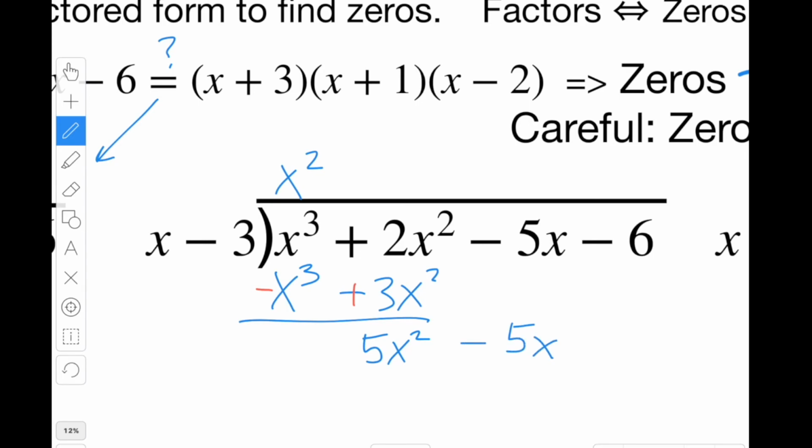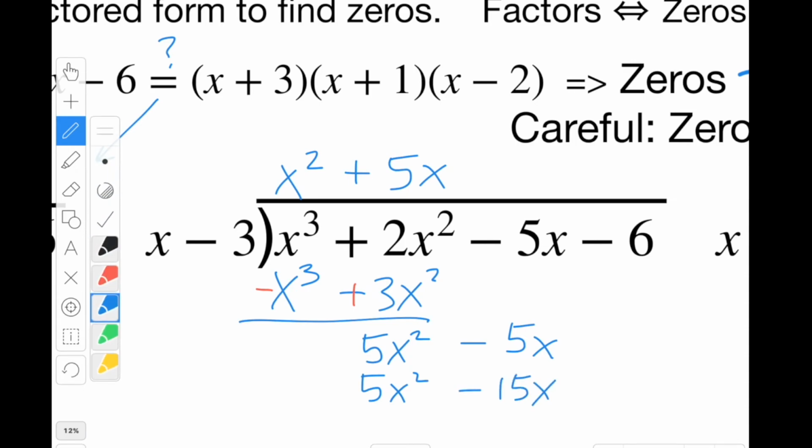And then what times x will give you 5x squared? That would be 5x. 5x times x is 5x squared. Then 5x times minus 3 gives you negative 15x.